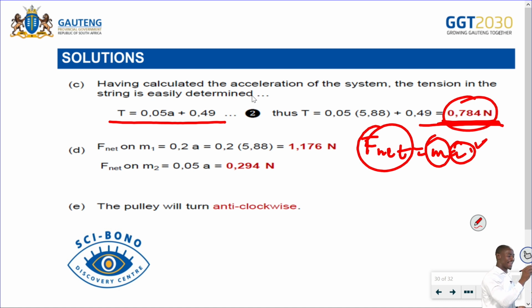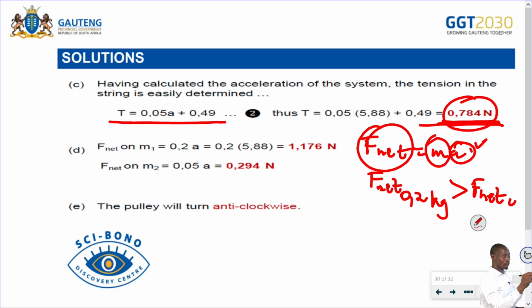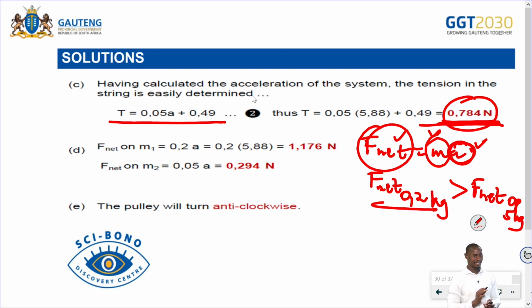So the net force of the 0.2 kilogram will be greater than the net force of the 0.05 kilogram. Why am I saying that? At constant A, these two are directly proportional.